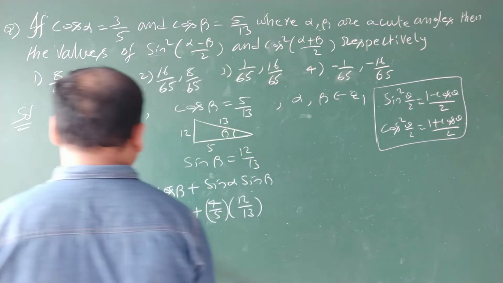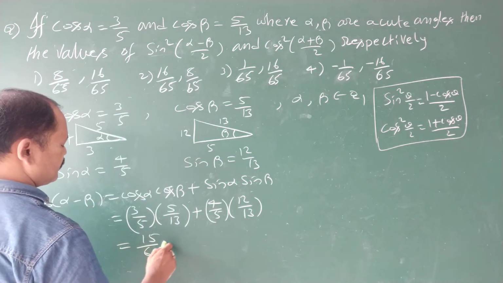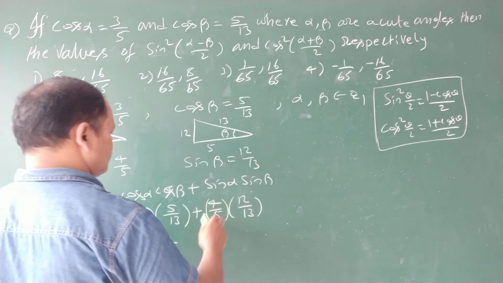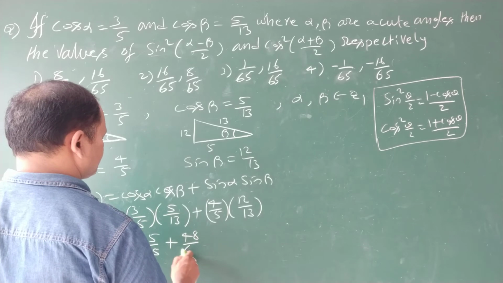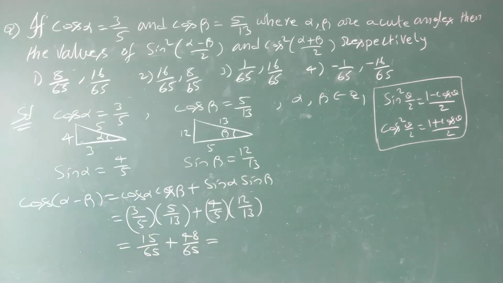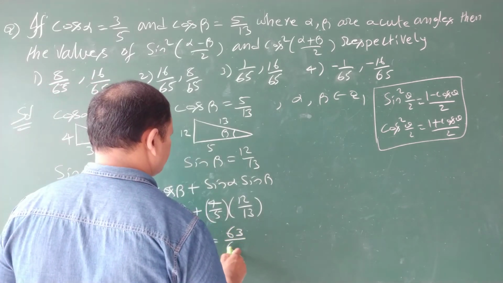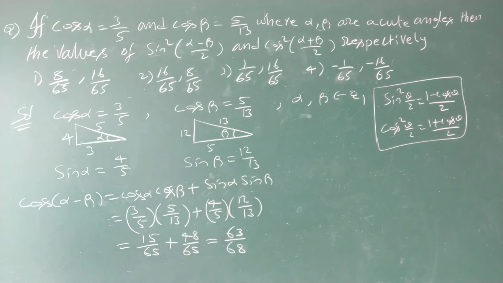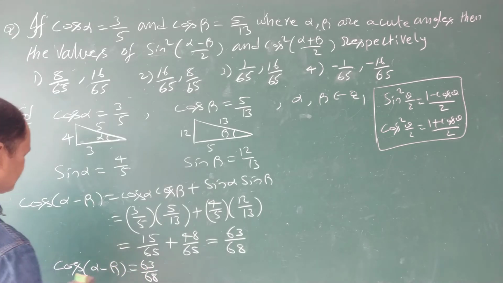So LCM is 65, here it is 15 by 65 plus 48 by 65. So 15 plus 48 is 63 by 65. This is the result of cos alpha minus beta. That's why cos alpha minus beta is equal to 63 by 65.